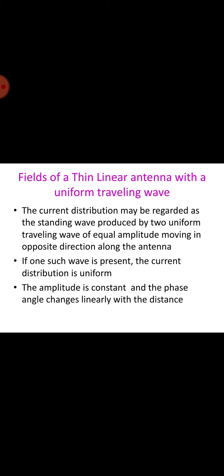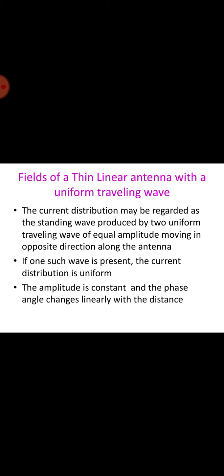And now we'll have a look into the fields of a thin linear antenna with a uniform traveling wave. In this discussion, we have been looking at antennas with sinusoidal current distribution. The current distribution may be regarded as the standing wave produced by two uniform traveling waves of equal amplitude moving in opposite directions along the antenna.